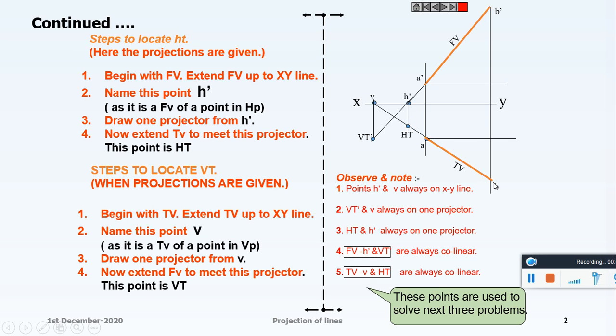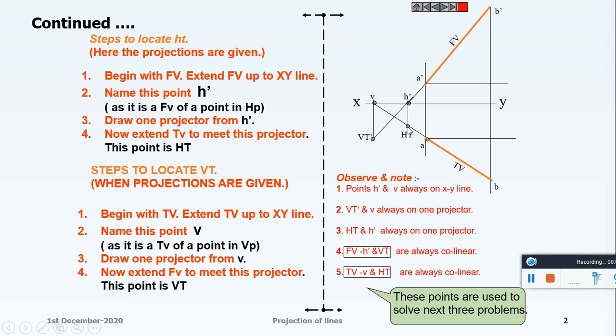Similarly, produce the top view AB to meet the XY line at V. Draw a vertical line at V. To that line, produce the front view of the line A dash B dash, and the meeting point is VT or VT dash.